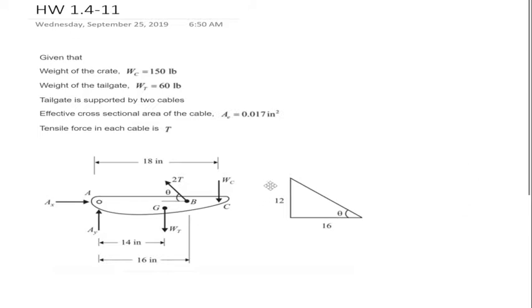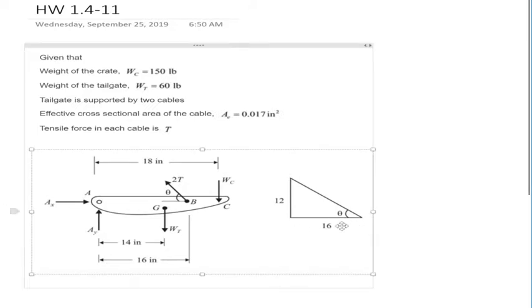and all the letters. Okay, so from the figure, first we need to calculate what is that angle theta. That angle theta we calculated by getting the lengths 12 and 16 from the graph, this triangle, and we find the arctangent of this angle.